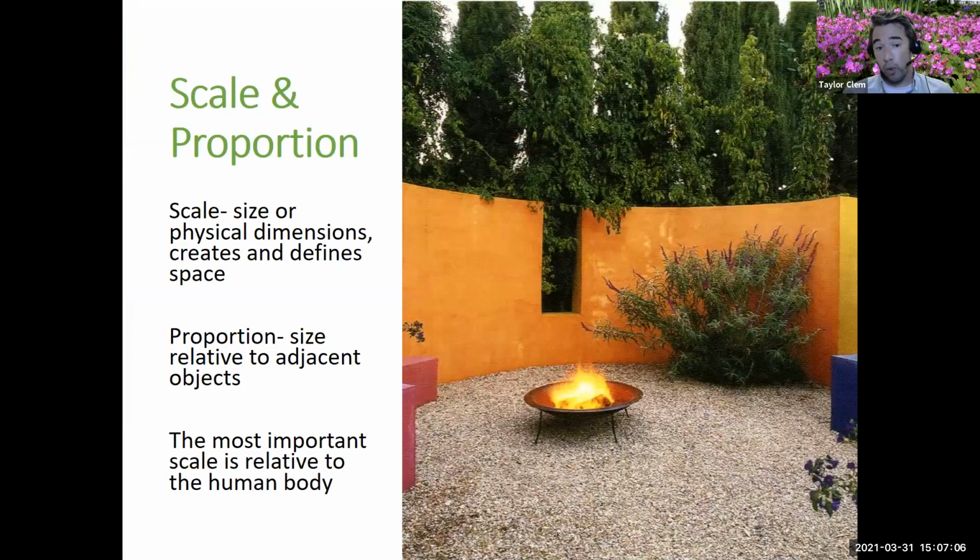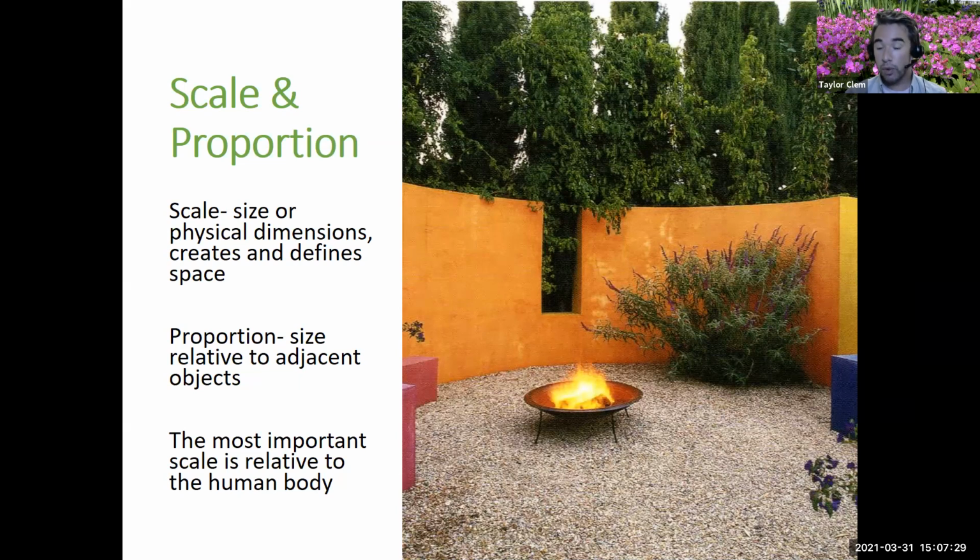So scale and proportion. Scale is the size or physical dimensions, and it creates and defines spaces. Proportion is the size relative to adjacent objects, so how big something is compared to something next to it.